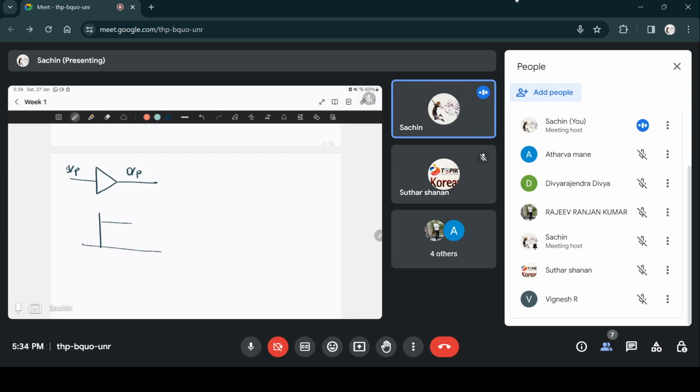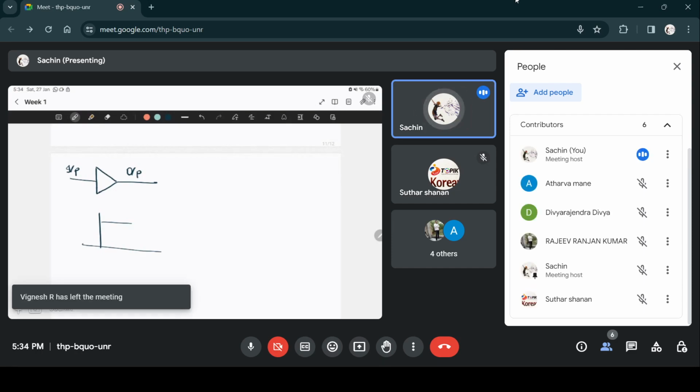So your output and input, your voltage value, can only take two different values. Let's say you have 5 volts and you divide it into two parts, 2.5 volts.